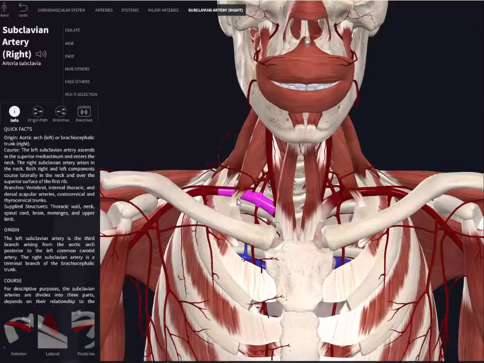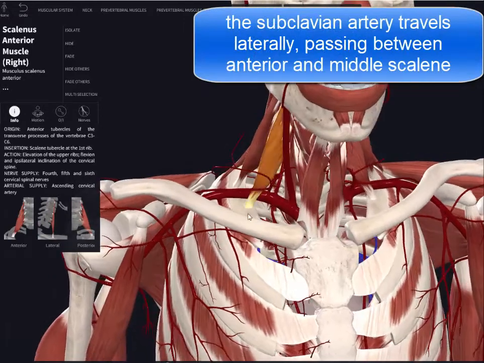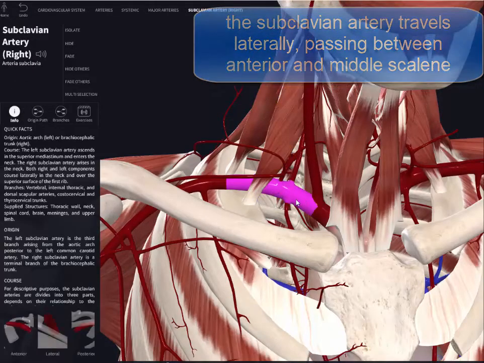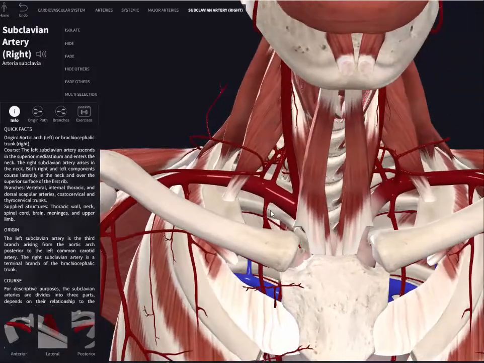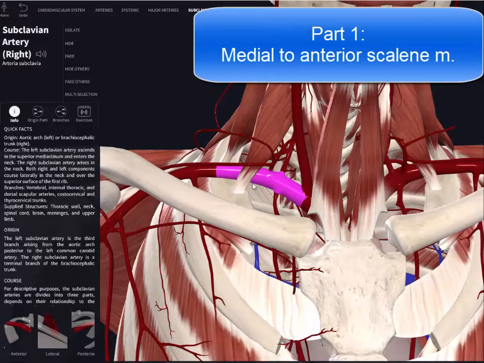So having added in a couple of muscles as well, here is the important landmark muscle, which is the scalenus anterior or anterior scalene muscle. Now we can see that the subclavian artery can be divided into several parts, actually three parts, based on how it relates to this muscle. So here you can see that the first part, or the first portion, extends from the origin of the subclavian artery all the way to the medial border here of the anterior scalene muscle.